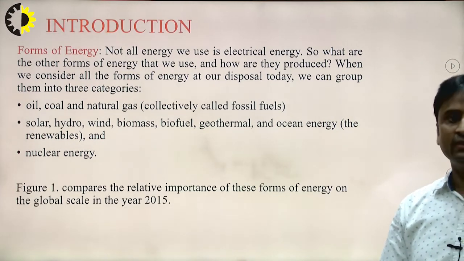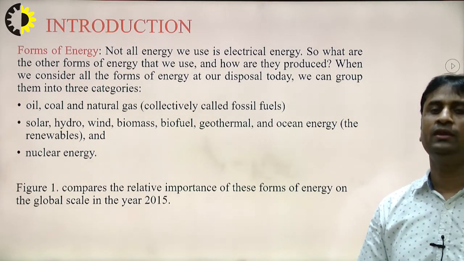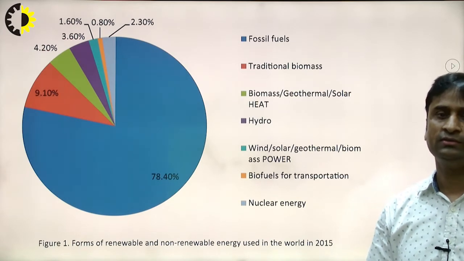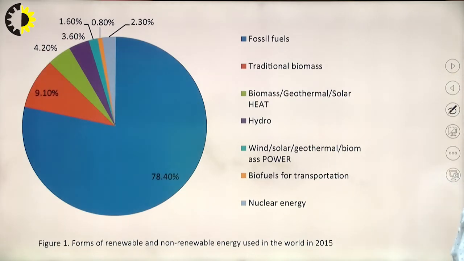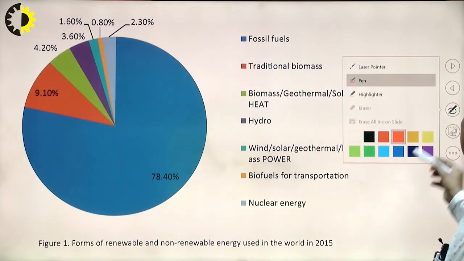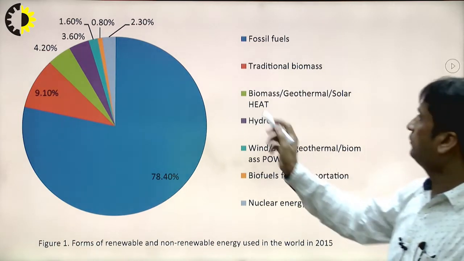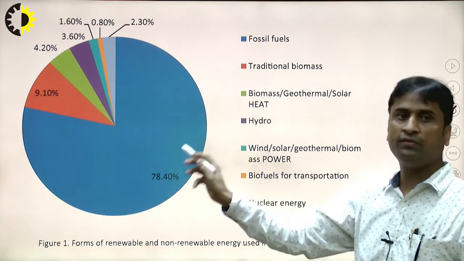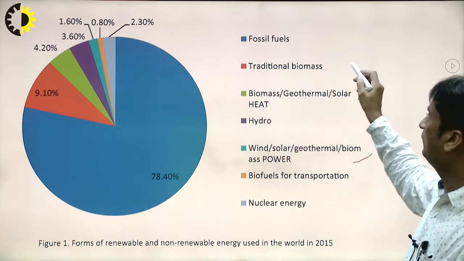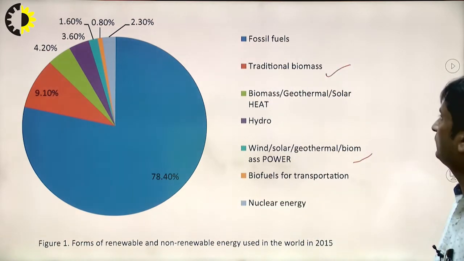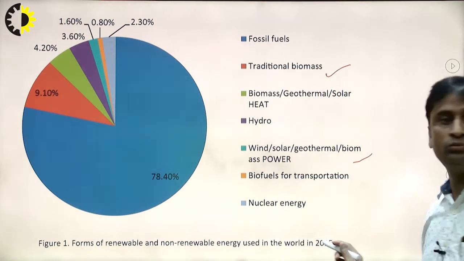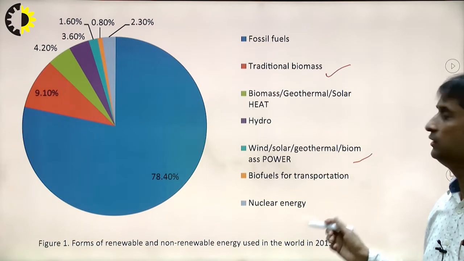Now let us compare the relative share of these types of resources. You can see that fossil fuel energy is around 78%. Then we have traditional biomass energy, which is around 9.1%. This is the data of 2015.